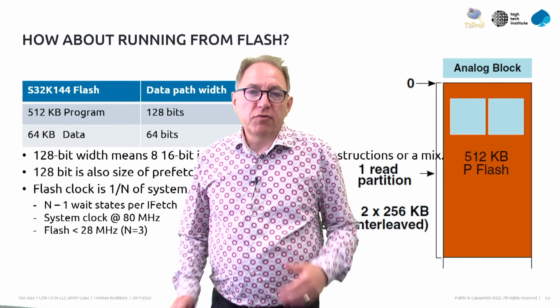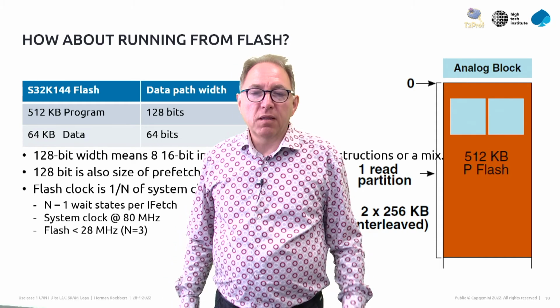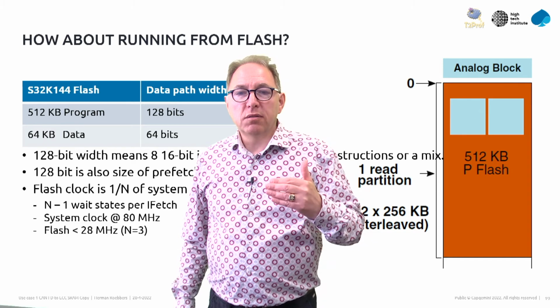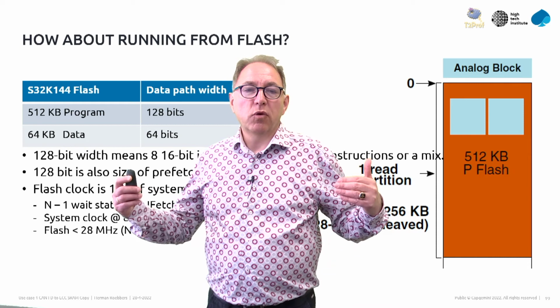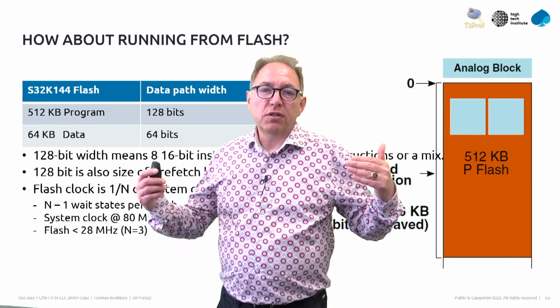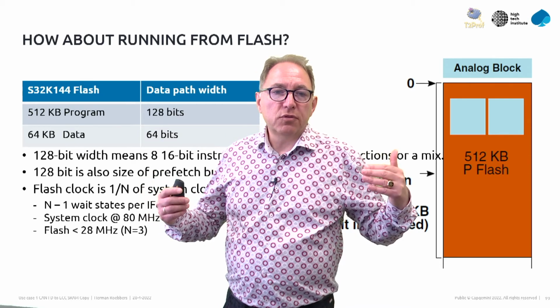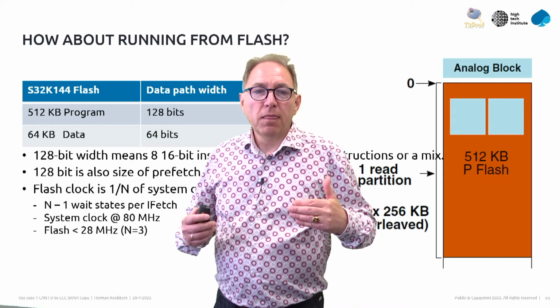So if you run from Flash, you will get an extra hit, because you have to wait for a read before you can do the next read. The memory is wide on this processor, which means if you do one read, you can read 8 or 4 instructions at a time.